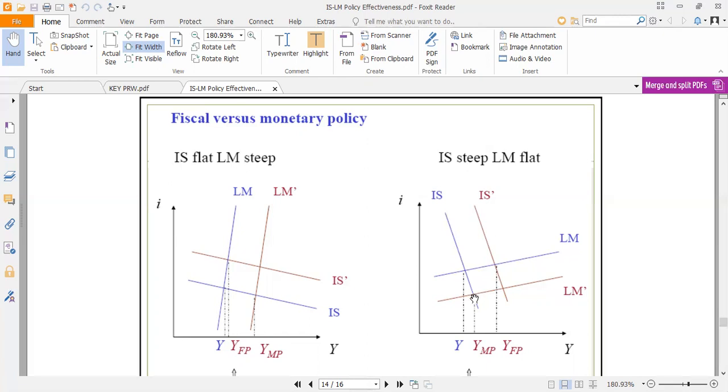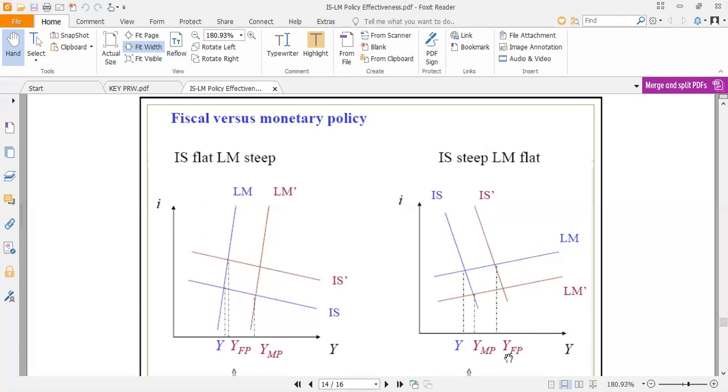So this will be the new equilibrium point, and income will move from Y to YMP. Now, instead, if we go for fiscal policy, then the IS curve will shift from IS to IS prime. And this will be our equilibrium point with equilibrium income YFP.